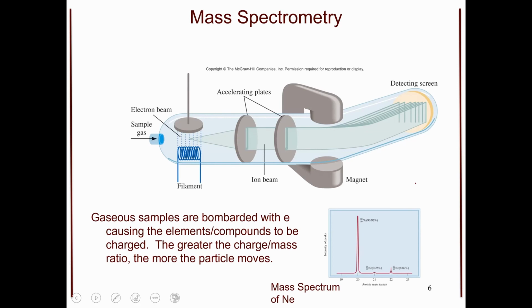So what this causes is our light species to be bent inward and go quicker and farther left on the detector. Our heavier species are going to be farther right on the detector because we can't deflect them as much. This is how we are able to separate species of different mass properties in a sample.